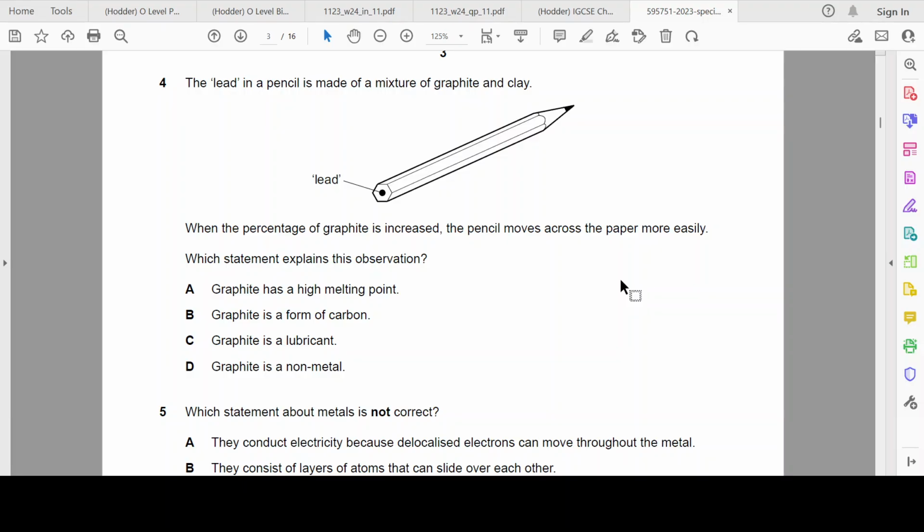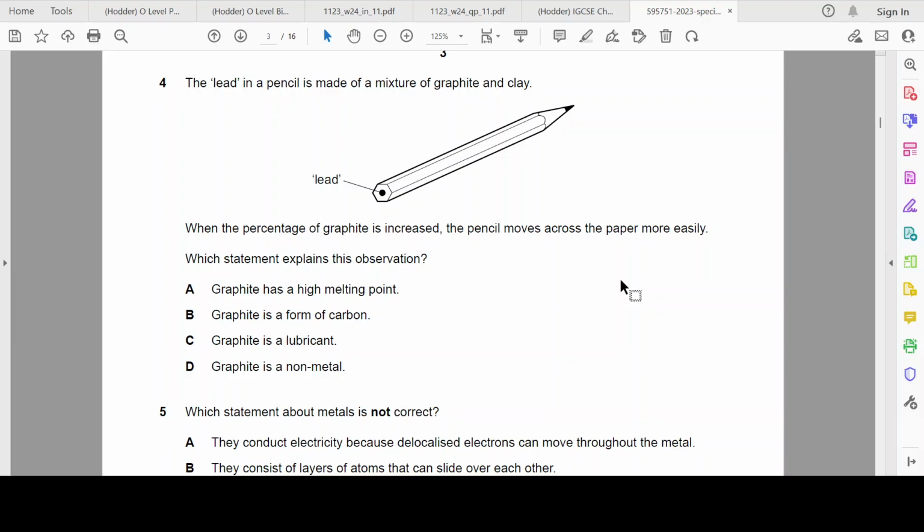Okay. Now my question, both of... wait. It's C. It's D. It's a non-metal. So it is a non-metal and it is a form of carbon. So B and D could both be correct answers?